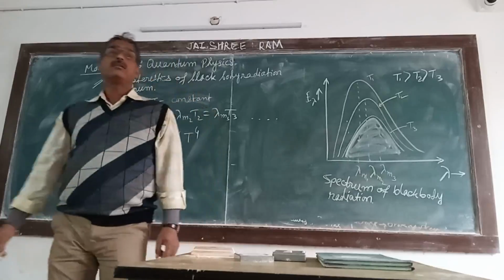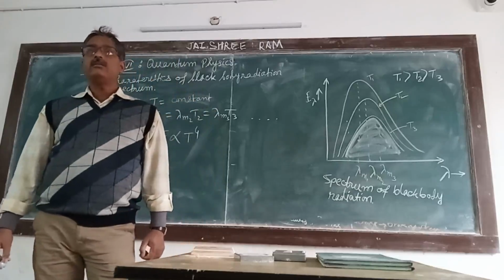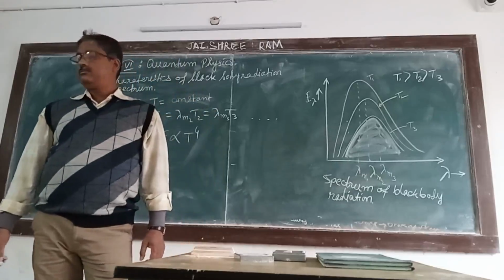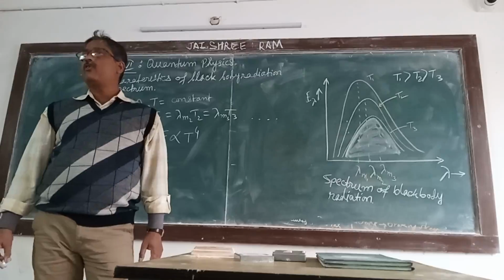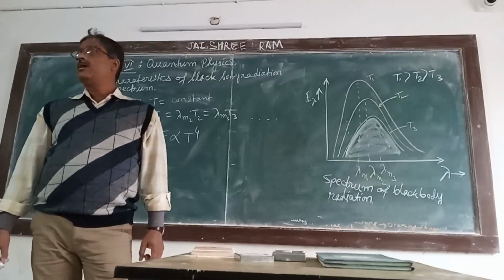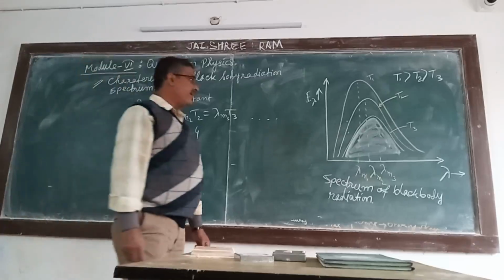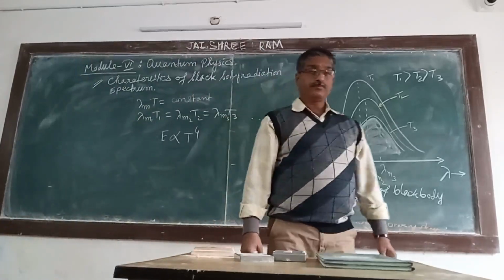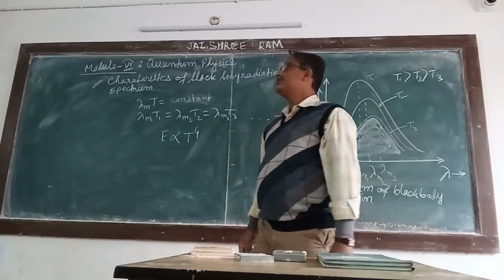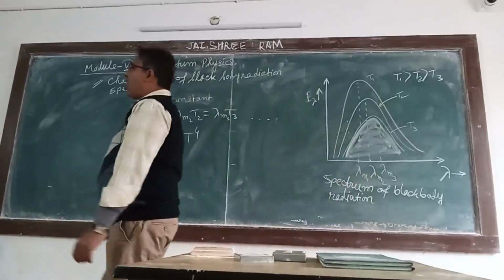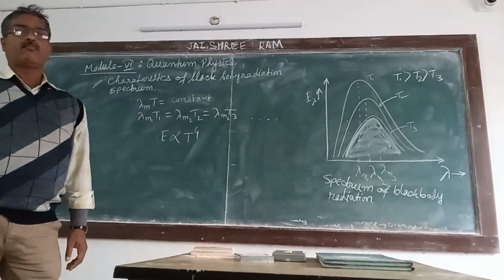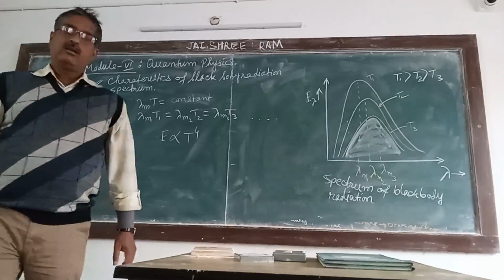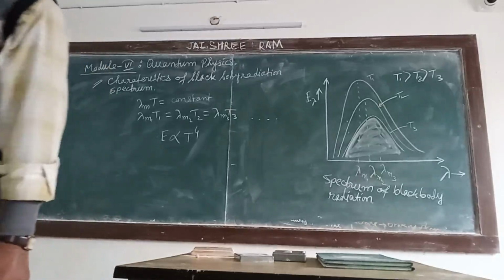Which is the key law? Stefan's law. E equals sigma T to the power 4. Okay, this is Stefan's law of radiation.